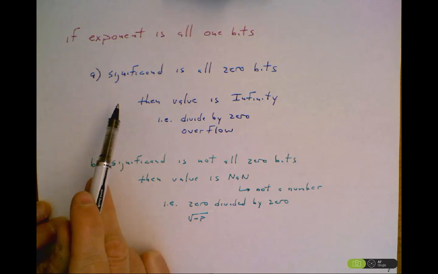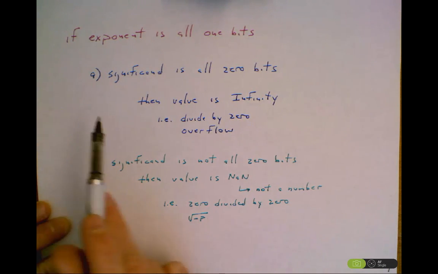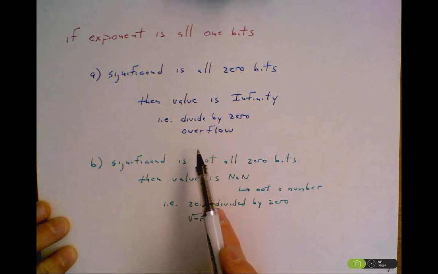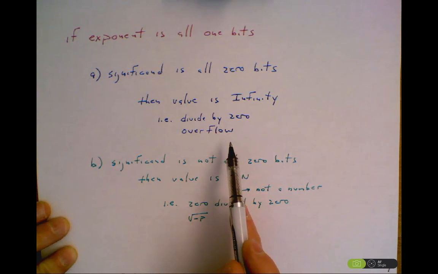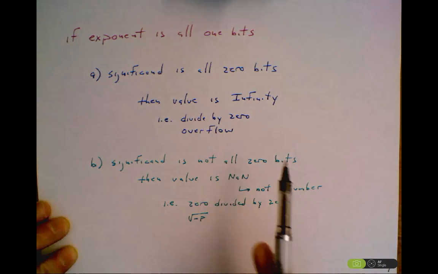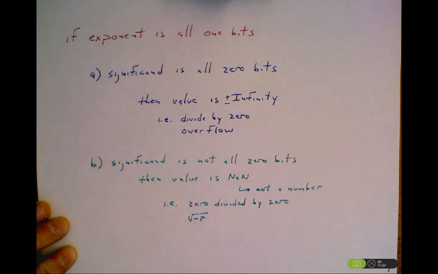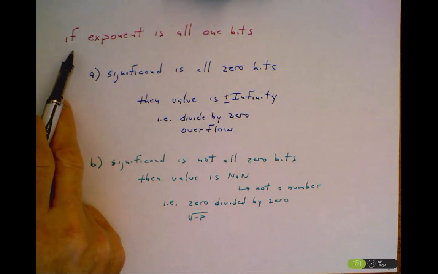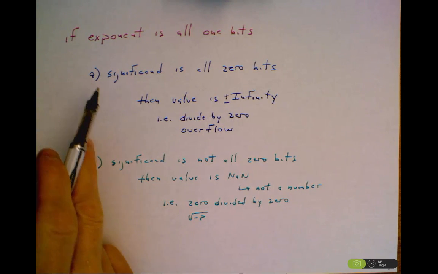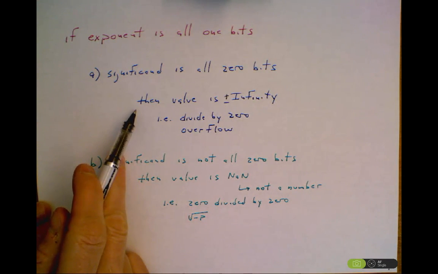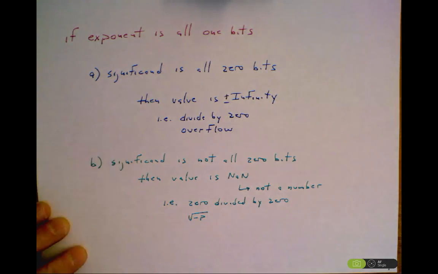Infinity might pop up because of a divide by 0, or maybe because of an overflow. And again, this is really plus or minus infinity because the sign bit can either be set or not set. Okay, so exponent all 1 bits, significand all zeros, then the value being represented is infinity.